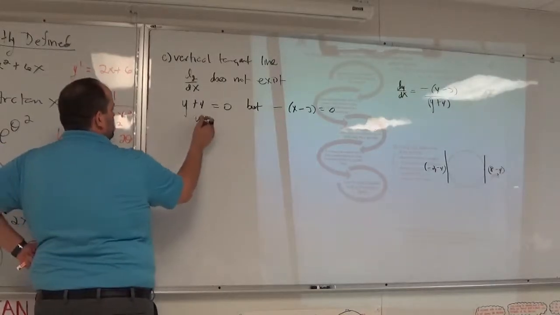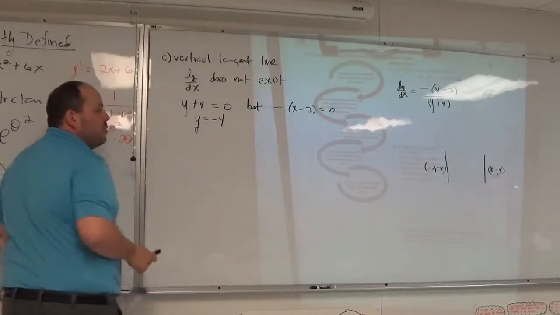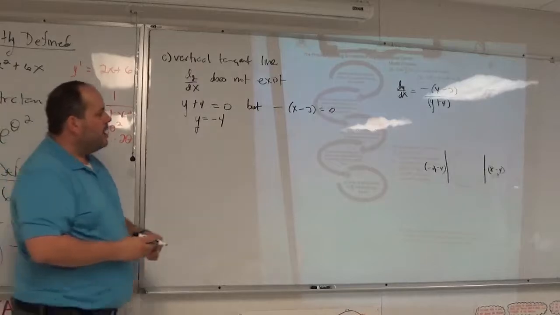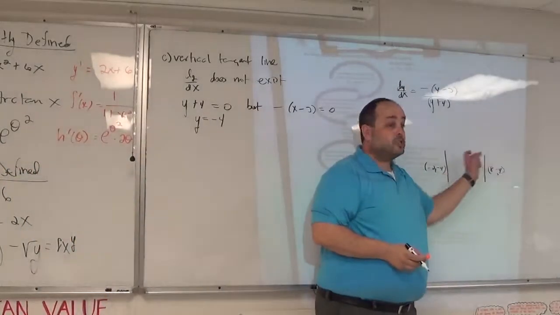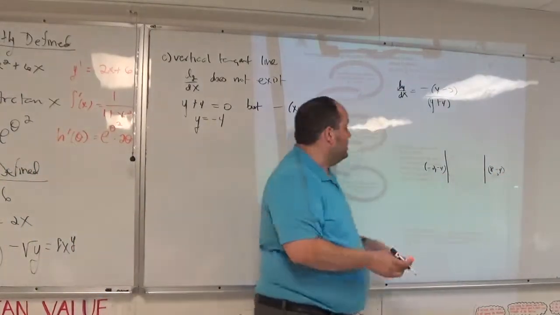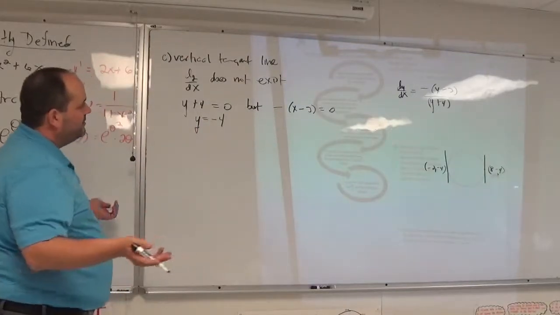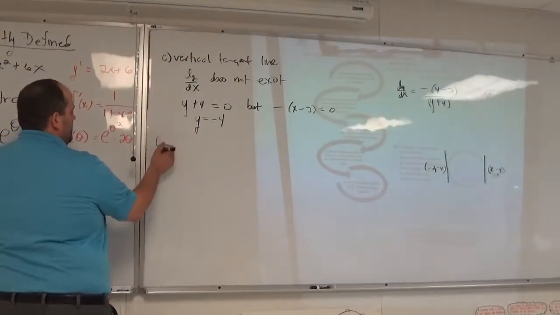Y plus 4 is equal to 0. That means that the y coordinate is negative 4. Oh my God, totally matches the graph. Good. Go get the x value. Plug it back in.